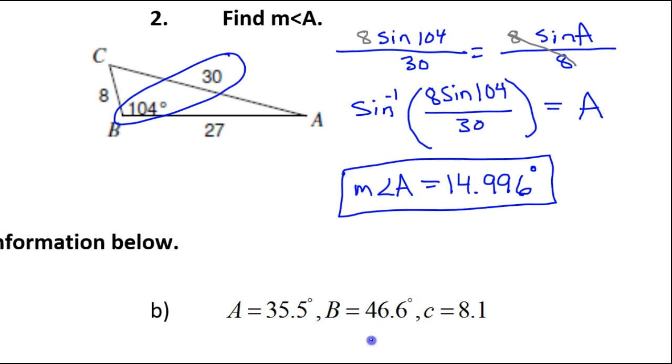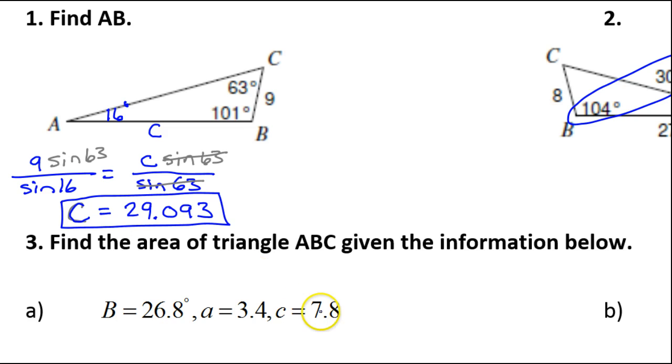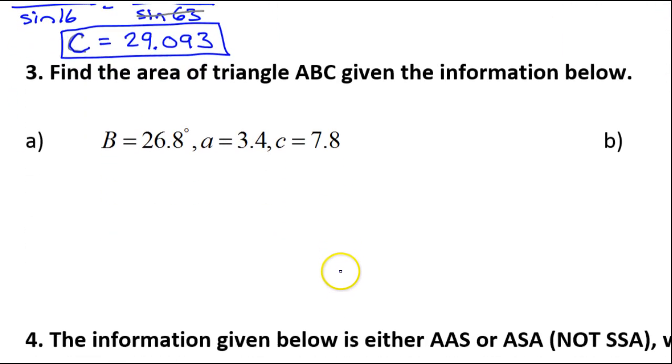All right, now as I move on to problem number 3, I'm being asked to find the area of a triangle given the information below. Now, this is not a right triangle, and I'm not given the height.